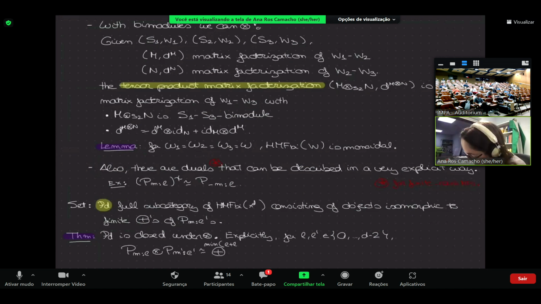L plus L prime, 2D minus 4 minus L prime. This is new, L minus L prime, step 2. And B M plus M plus 1/2 of L plus L prime is new.